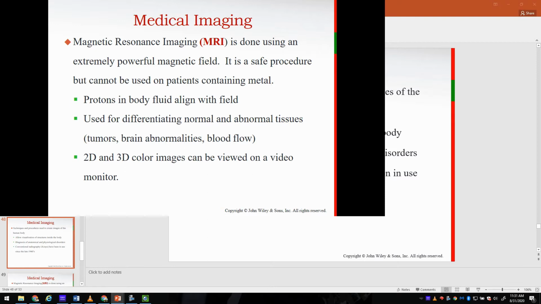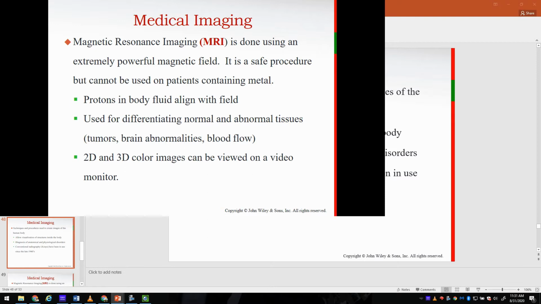And of course, if you have metal in your body, it's not recommended that you do an MRI because the magnets in the magnetic resonance imaging machine are very powerful. If you have metal that is iron containing, or ferrous, and will be attracted by the magnet, it will be ripped from your body. And I can only imagine that that would be painful.